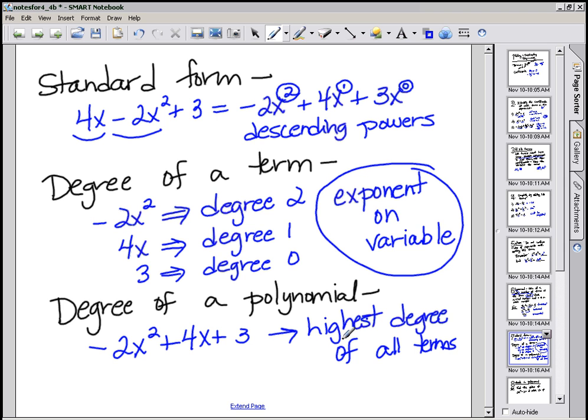So if you just have a single variable, then the highest degree is the degree of the polynomial. So we would say that the degree of this polynomial, negative 2x squared plus 4x plus 3, is simply 2 because that is the highest power. If I have another example, let's say I have 5x cubed minus 4x plus 1, the degree of that polynomial is 3, because it is the highest degree of all the terms that we have there.